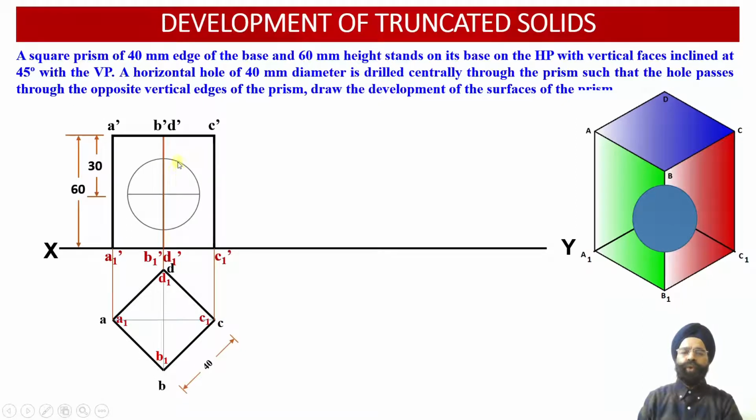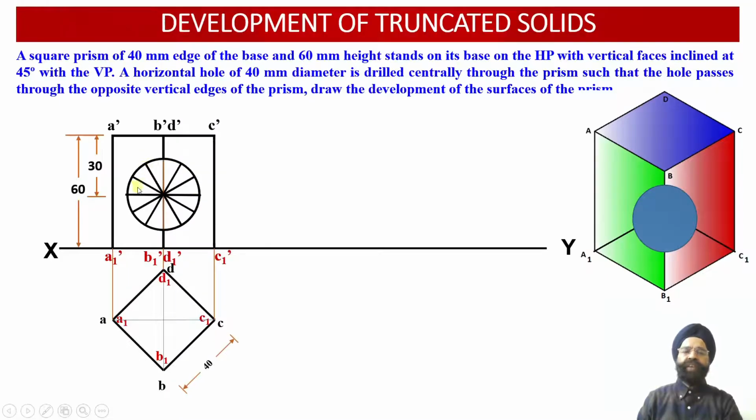That is, through and through, this hole should be passing through all the inclined faces of the square prism. So now we can divide this hole into 12 equal parts. We can check this hole which we have obtained corresponding to the radius 20 millimeter or diameter 40 millimeter.